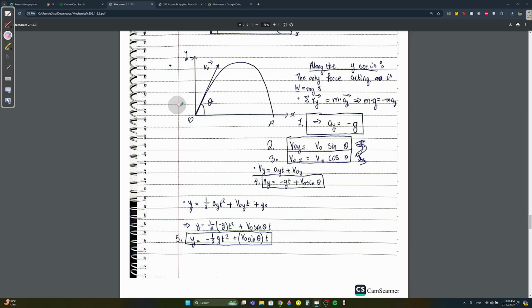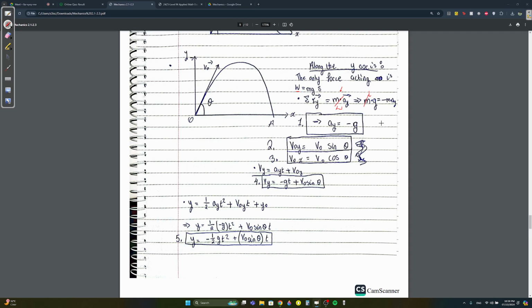Since the only force acting on it is the weight, just so you understand, you know that force is equal to mass times acceleration from Newton's second law, and you know that the weight is equal to mg. If you cancel mass on both sides, the acceleration here is equal to negative g, because it's going in the opposite direction.